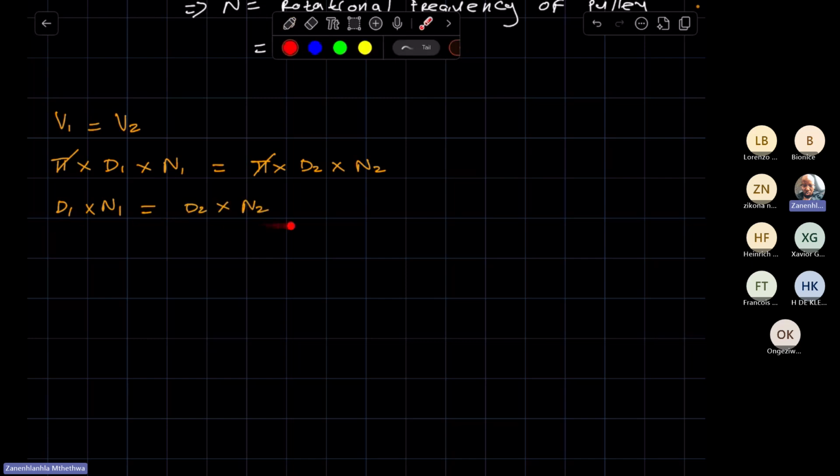And we can use this relationship to calculate any one of these quantities. Like for instance, if you've been given the diameter of the small pulley and the rotational frequency of the small pulley, you are given also the diameter of a larger pulley, and then you are asked to calculate the rotational frequency of the larger pulley, then you can use this relationship to calculate that.